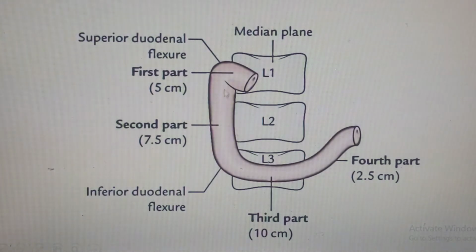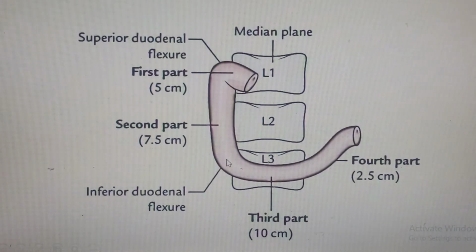Then the portion which is roughly 7.5 centimeters comes down from L1 all the way to L3, and this is the portion where the head of the pancreas will fit. The major duodenal papilla and minor duodenal papilla, all those openings will be over here. So this second part can also be called the descending part.